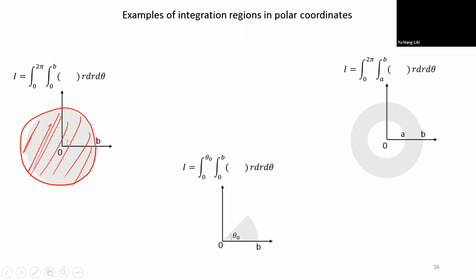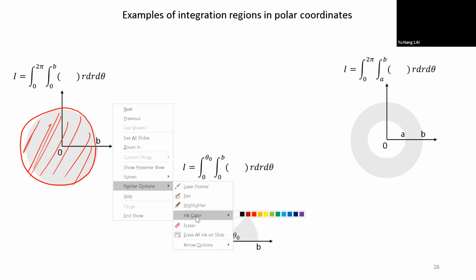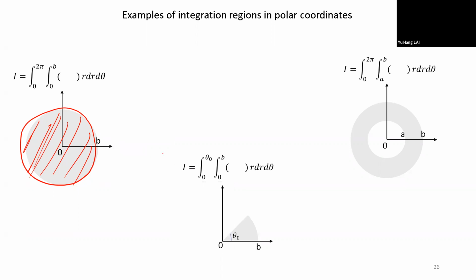However, if I want to consider this circular region, using polar coordinates is much more convenient. So all I need to do is, first of all, to describe the outer boundary of this region, I just use r equals b. Basically, it's the radius.